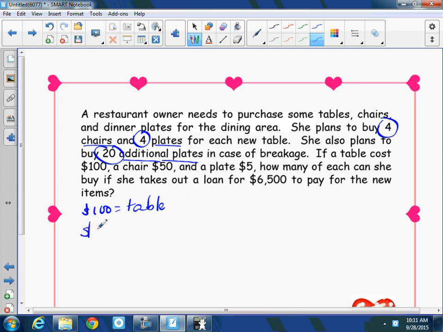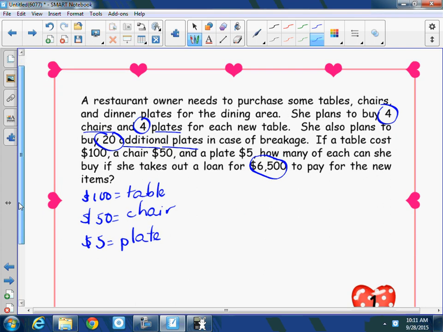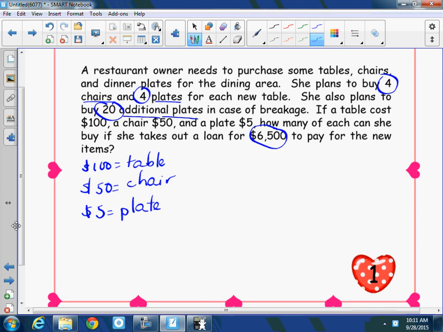A chair costs 50. And a plate is 5. How many of each can she buy if she takes out a loan for 6,500? So whatever she does has to be equal to 6,500 because she only has that amount of money.